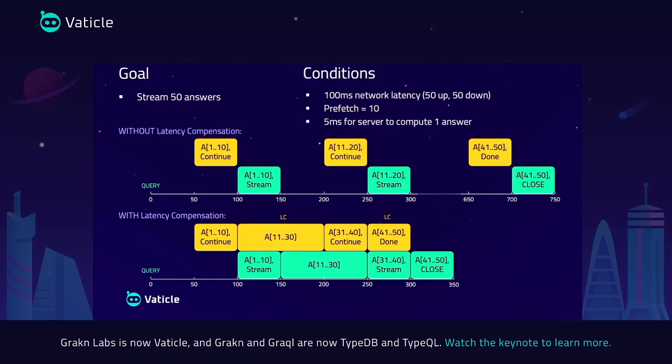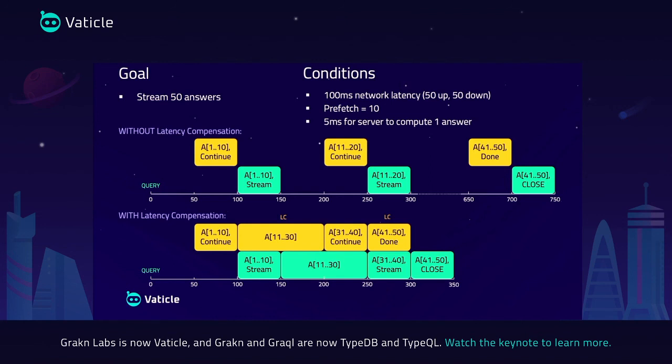The server starts computing answers at 50 milliseconds, as before. But then, even before the client receives continue, the server keeps on working. In 100 milliseconds of latency compensation, it computes answers 11 to 30. At 200 milliseconds, it receives the stream request, which tells it to keep going.